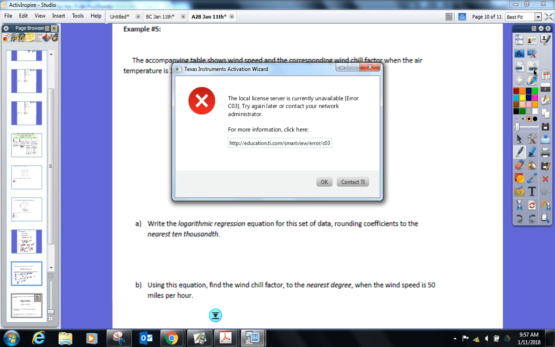Everyone typed in? All right. When you go to your calculator, and some of you are already finding this out, my calculator just totally disappeared. It's because you're not picking the right one.